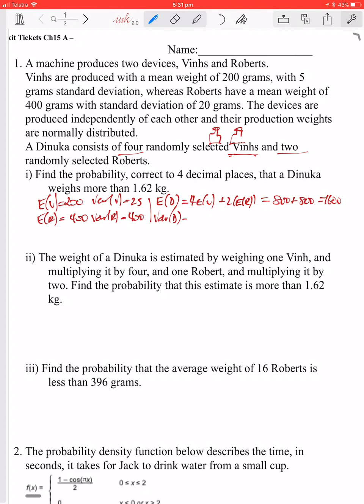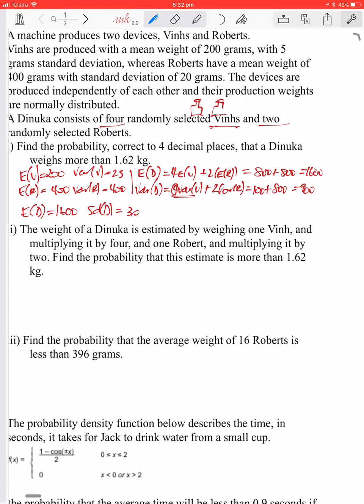My variance of D is 4 times my variance of V plus 2 times my variance of R, because I've taken individual values, we just multiply the variance by 4. So 4 times 25 is 100, plus 2 times 400, which is 800. That gives us 900. So our expected value of Danukas is 1600, and our standard deviation is the square root of 900, which is 30.